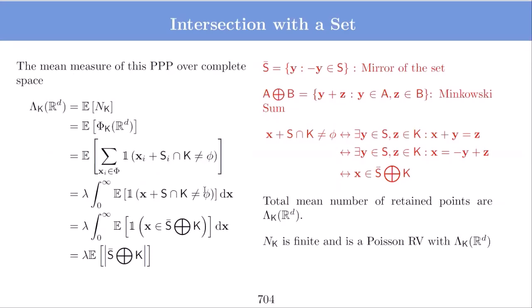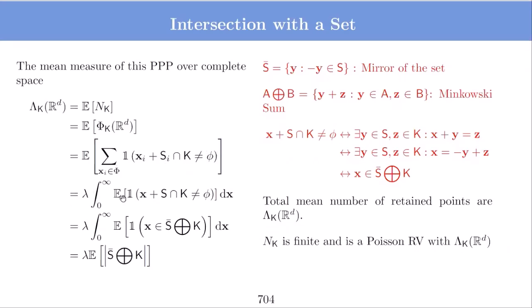Now we can apply Campbell's theorem here. We can treat Si as a mark of each point. Recalling Campbell's theorem for a marked Poisson point process, this equals lambda times the integral of f(x) dx, and because f depends on the mark, there is an expectation with respect to the mark.